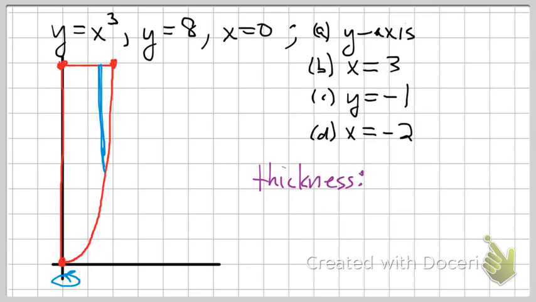So your thickness here would be dx if we're doing shell method, right? Slicing vertically, we get dx. And what do we need for shells? We need the radius and height of the shell.